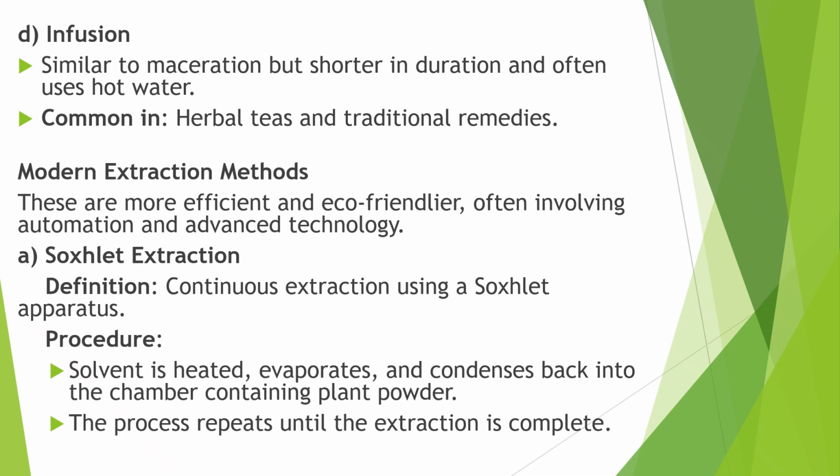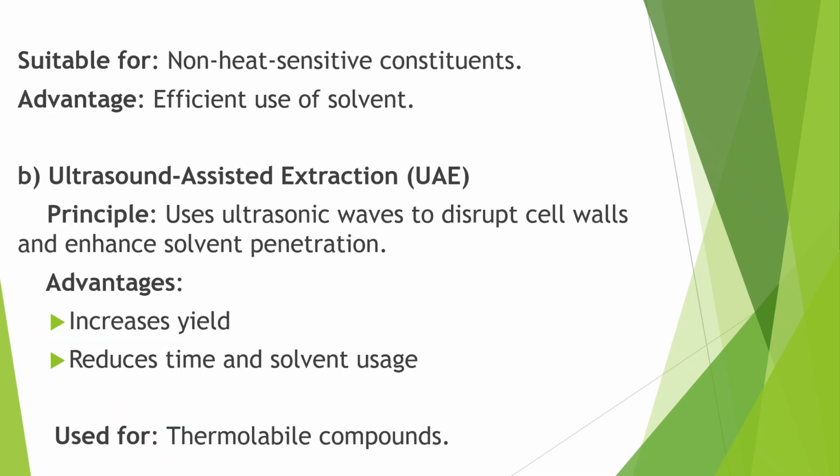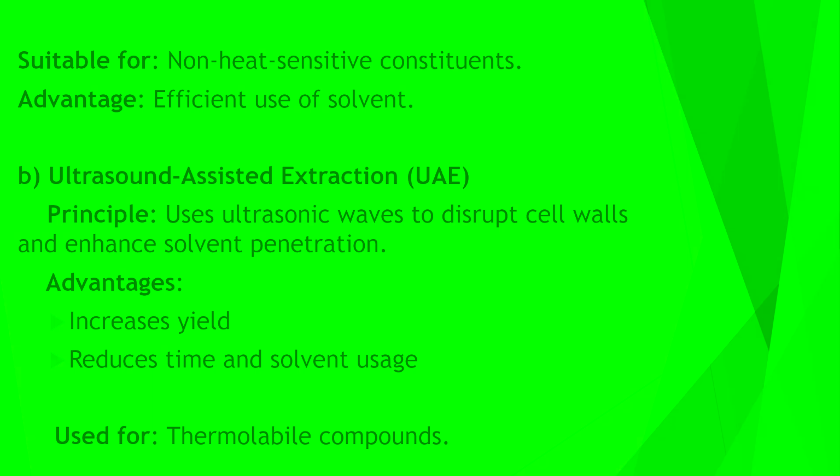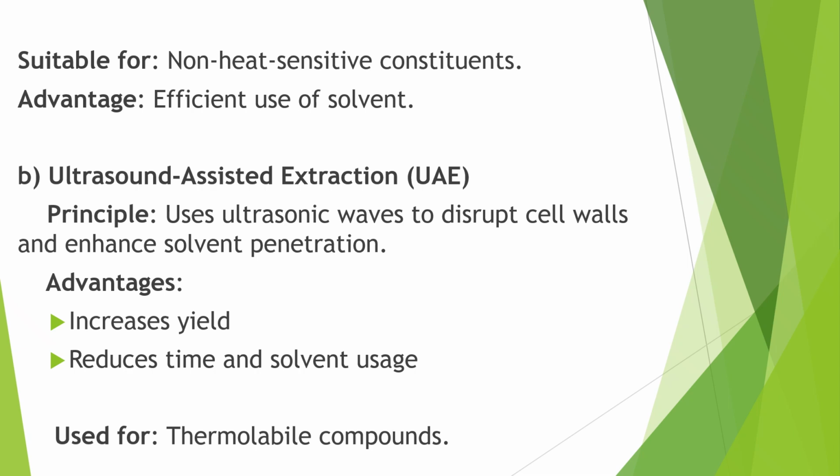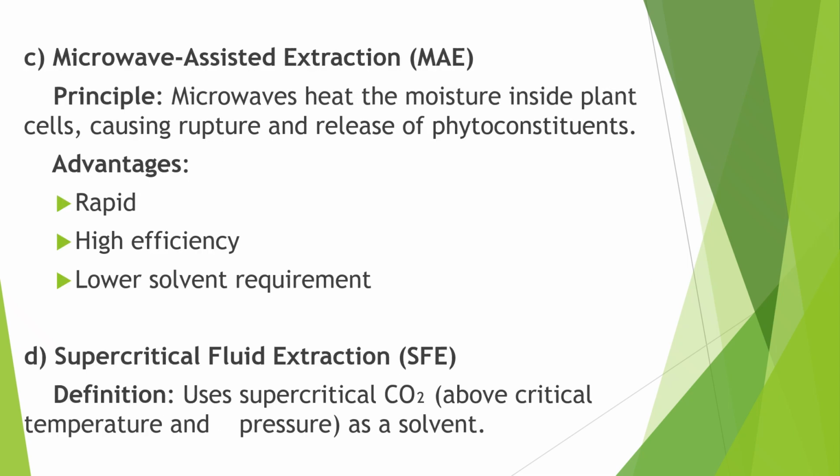The process repeats until the extraction process is complete. Increases yield and reduces time and solvent use. These are the advantages. As far as the use is concerned, it is very much useful for thermolabile compounds, meaning these are very brittle in nature. For those compounds, we can use ultrasound assisted extraction methods.